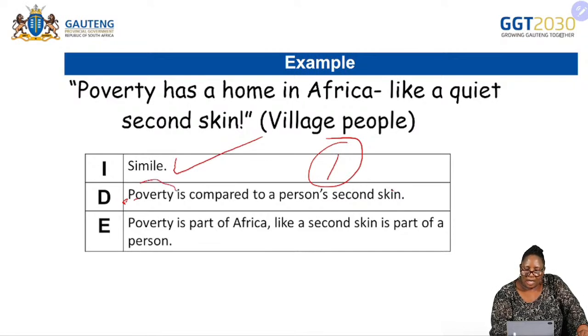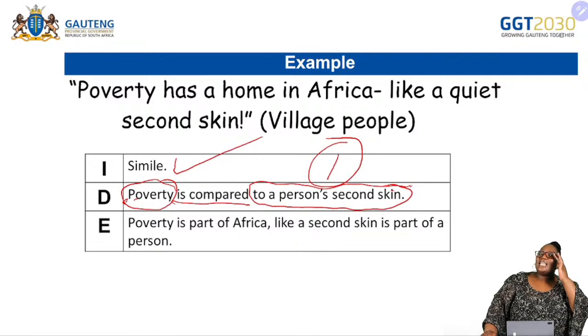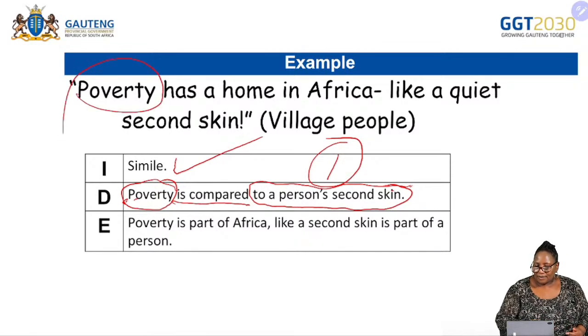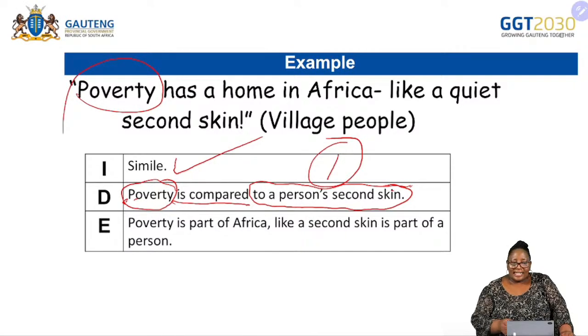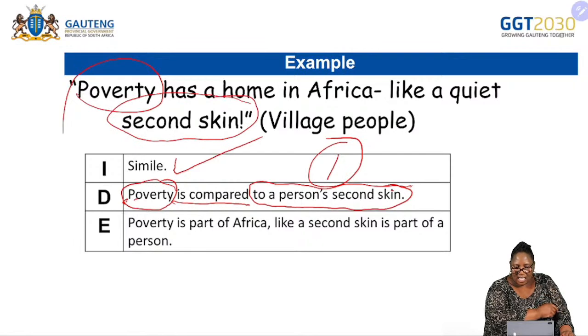So it's going to be poverty is compared to what? To a person's second skin. Can you see how you describe the two things being compared? That is, 1, poverty, and what again? The second skin.